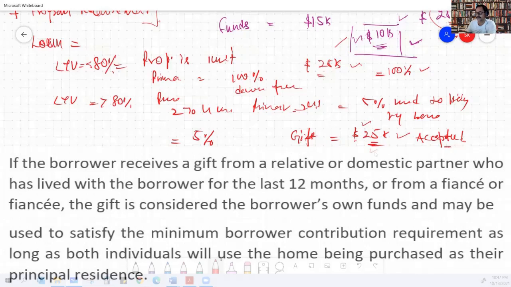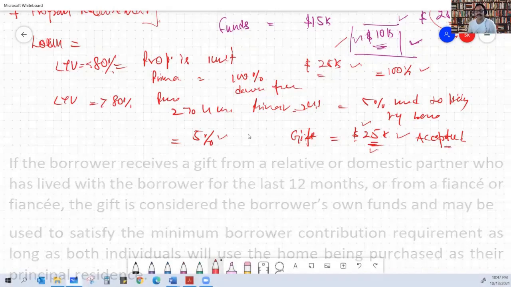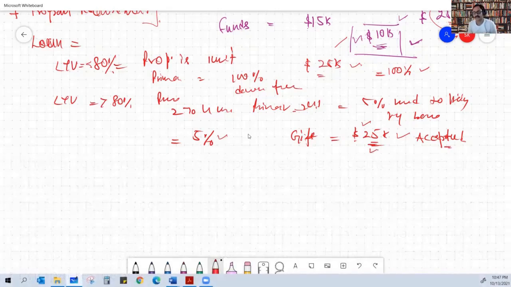So we do not need to fulfill this 5% condition.